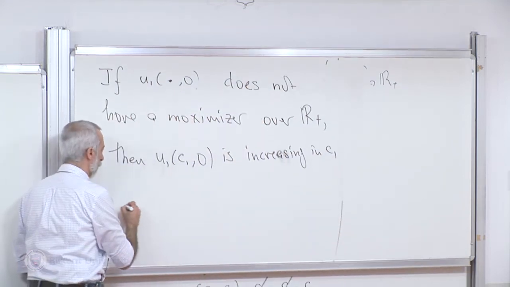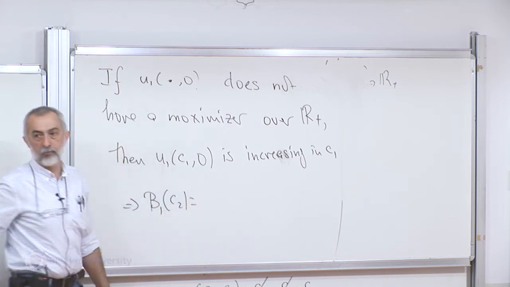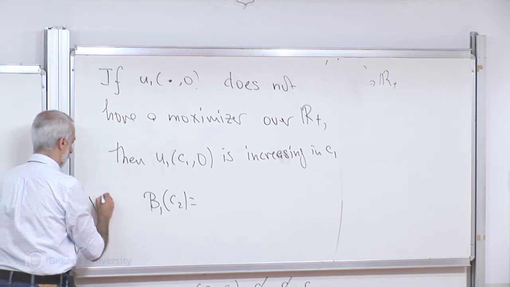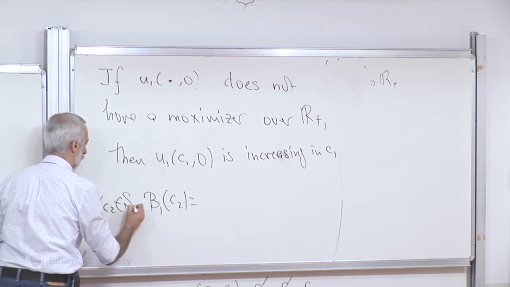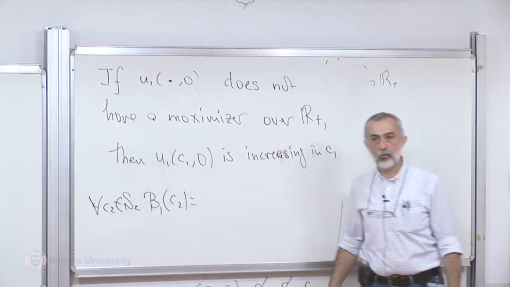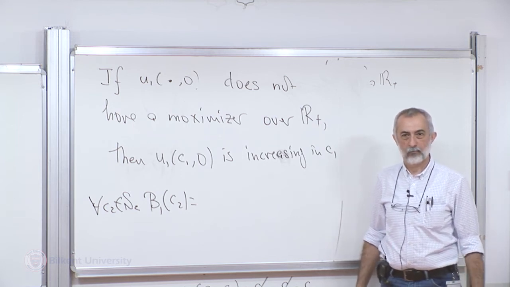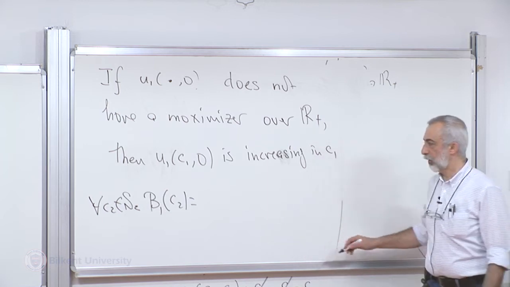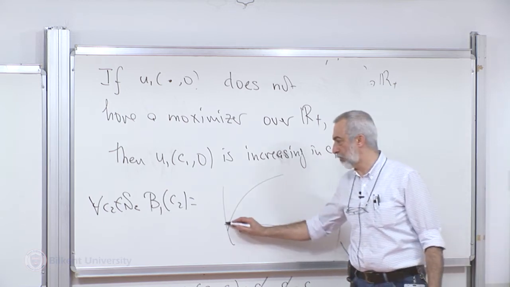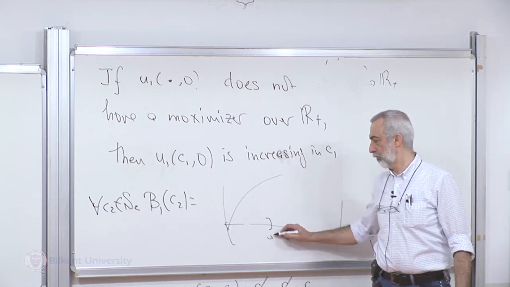Which implies B1 of C2 is equal to what? We have an increasing function, and we're maximizing it over the interval 0, W1.